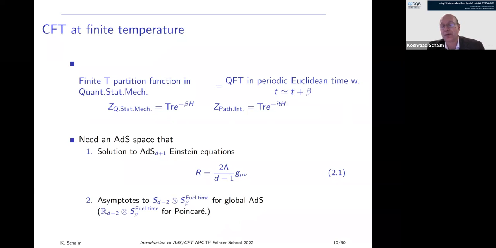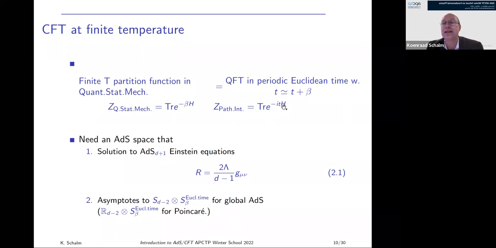There's a very simple way we study the CFT at finite temperature, and this uses the conventional identification between the finite temperature partition function in quantum statistical mechanics, which is just the trace of e to the minus beta H, where beta is the inverse temperature, and a quantum field theory in periodic Euclidean time, with the Euclidean time, this should have been a tau, identified with tau plus beta, where the quantum field theory is defined by its path integral, which is a trace over e to the minus iHt.